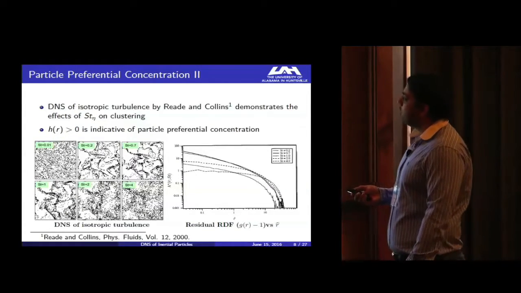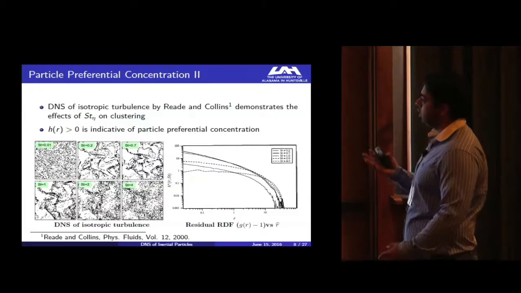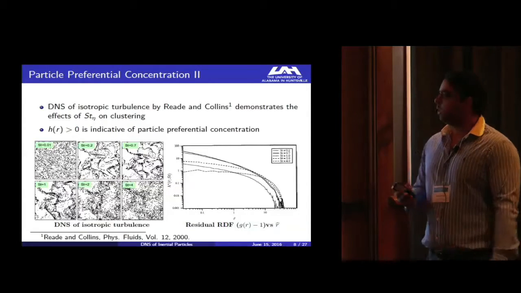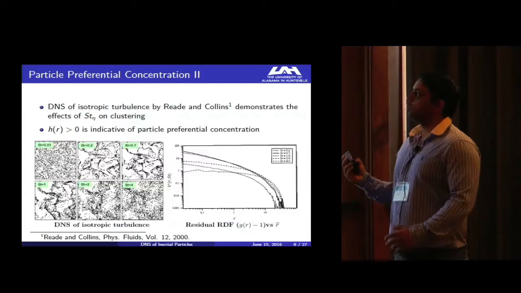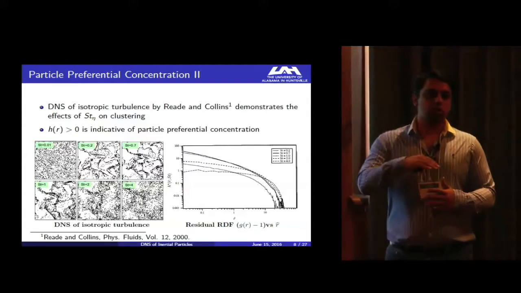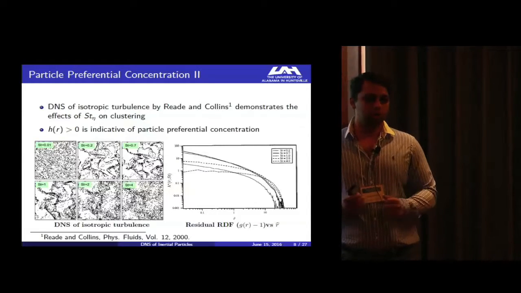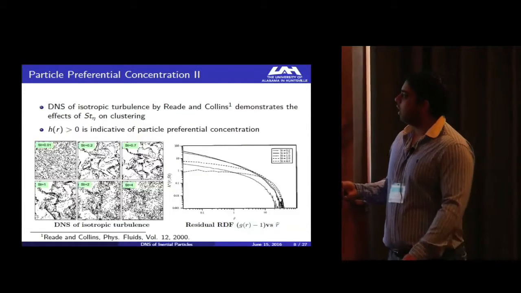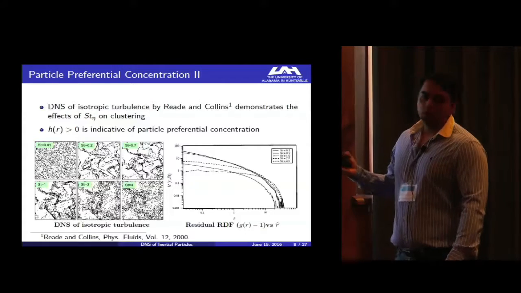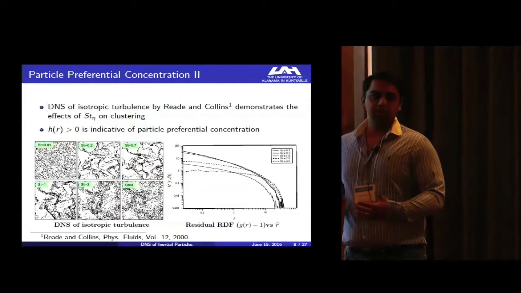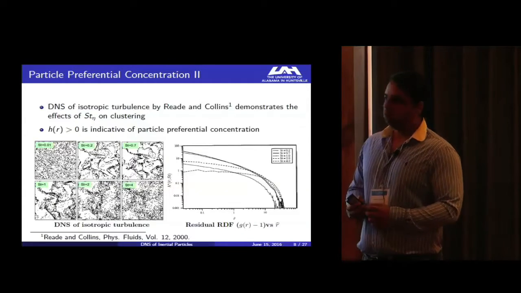And here in the plot on the right, they are showing the residual RDF, which is basically RDF minus 1. So RDF of 1 shows that the particles are uniformly distributed throughout the whole domain. And if the value of h of r is greater than 0, it will mean that the particles are preferentially concentrating into certain parts of the domain.